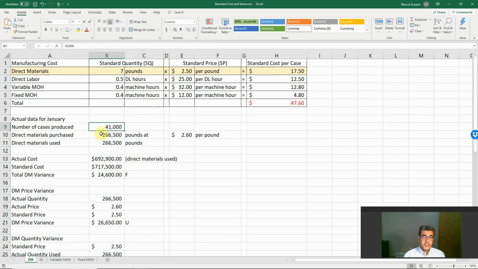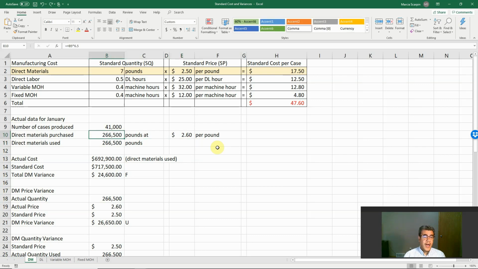Direct materials purchased and used, 266,500 pounds. So our cost per pound here will be direct materials divided by number of cases. Sorry, it is a given number. So $2.6 per pound.